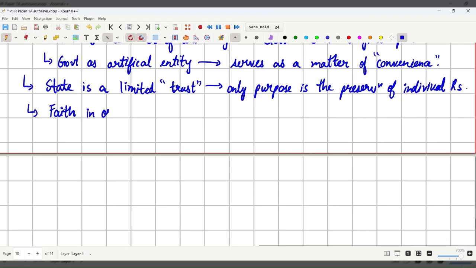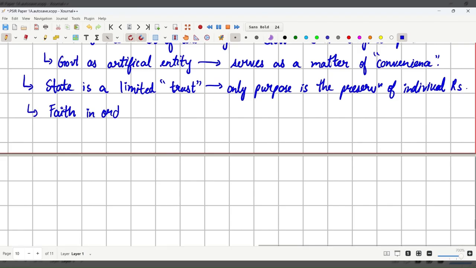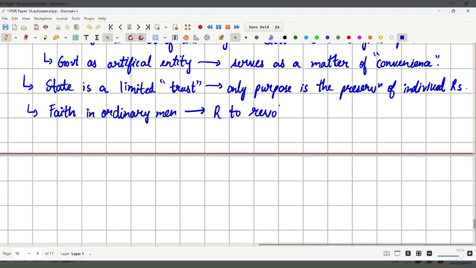Locke has faith in ordinary men, and that is why he gives the right to revolt, unlike Hobbes, who gave the right to resist but not the right to revolt. There is a difference. Also, he is an individualist out and out because he gives the absolute right over property.